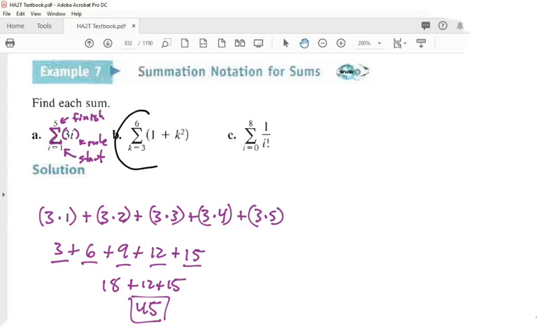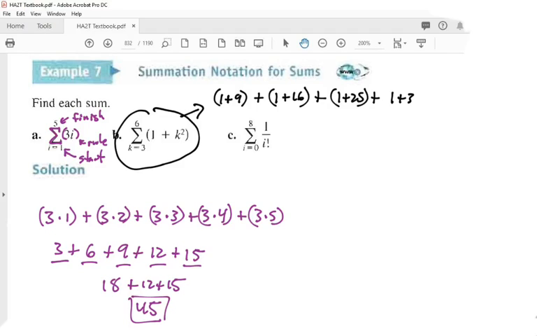All right, so can you guys try this one? There's not as many terms. Go. I'm going to go a little faster on this one. I'm going to plug in 3 first, so that's 1 plus 9. And then plus, I'm going to plug in 4, so I get 1 plus 16. Plus, and then I'm going to plug in 5, so that would be 1 plus 25. Plus, and then I'm going to plug in 6. That's 1 plus 36.